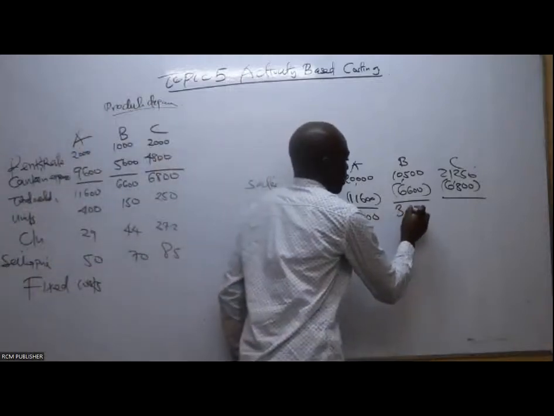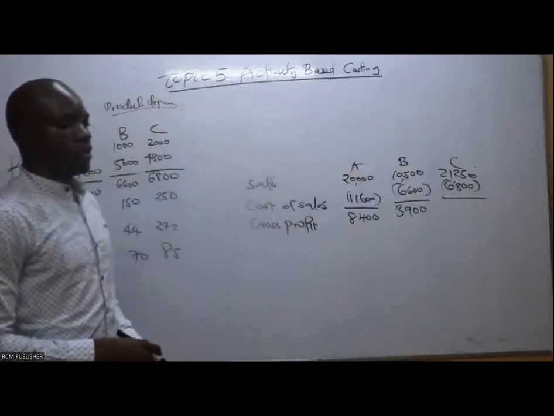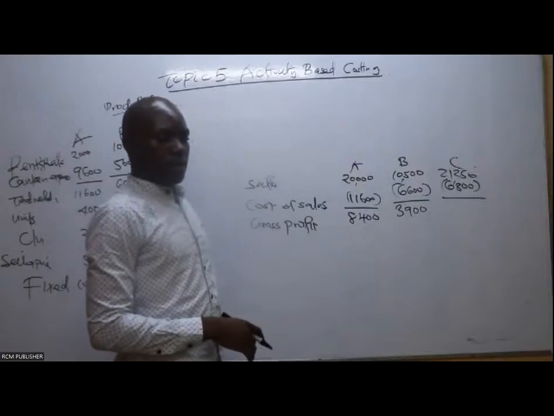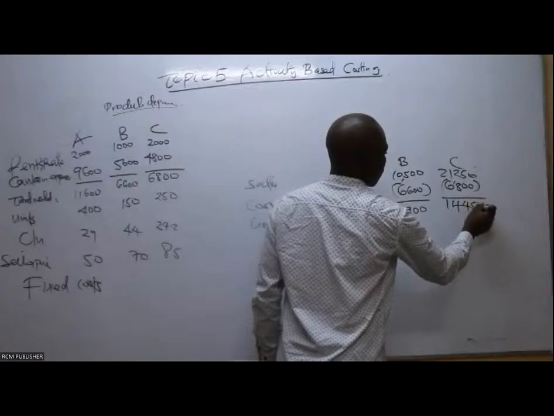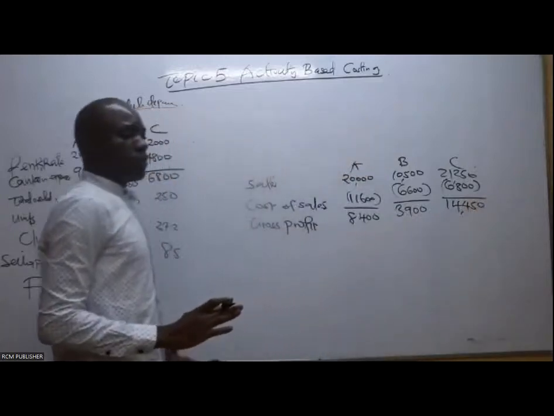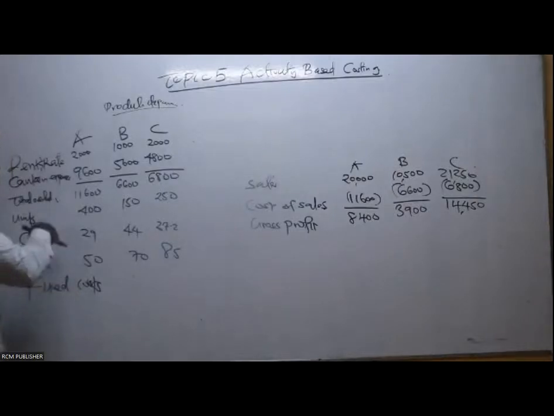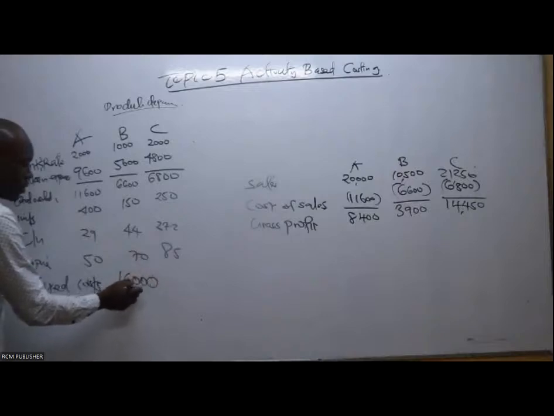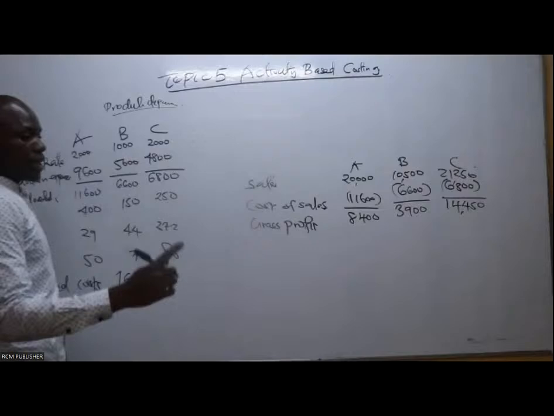That is 3,900. Then C, 21,250 minus 6,800, that is 14,450. Then you are being told that the fixed costs for the entire organization is 16,000.